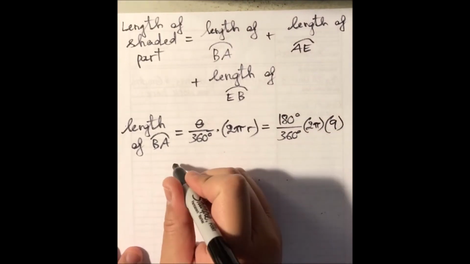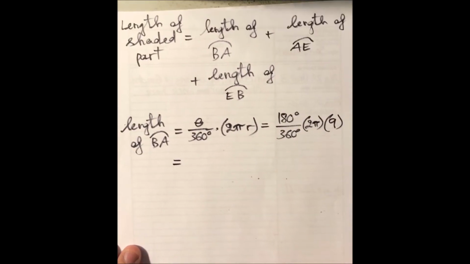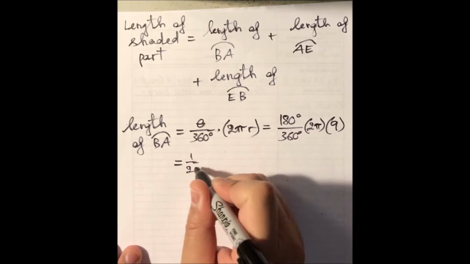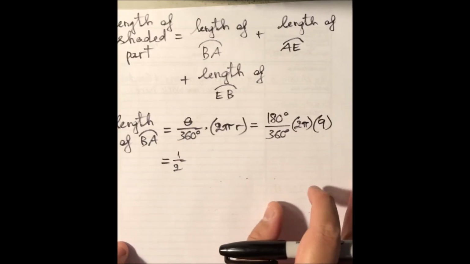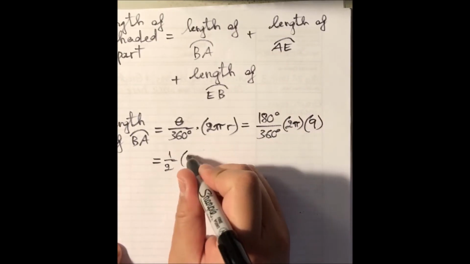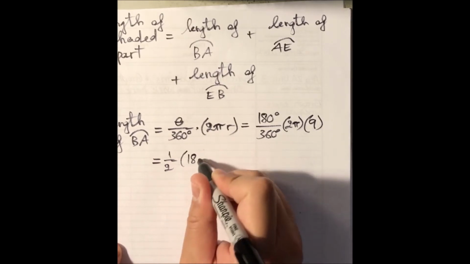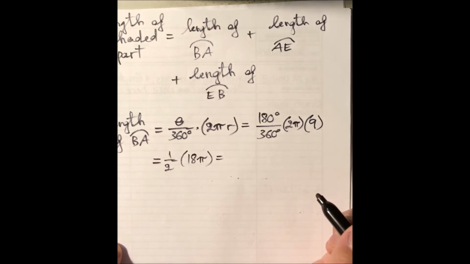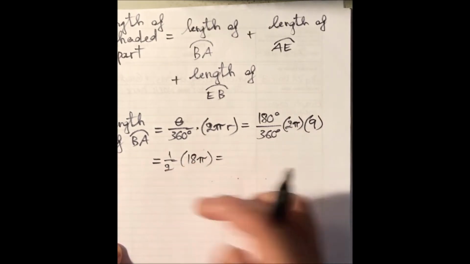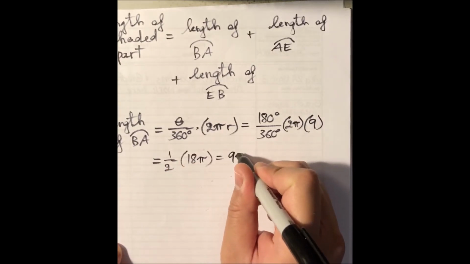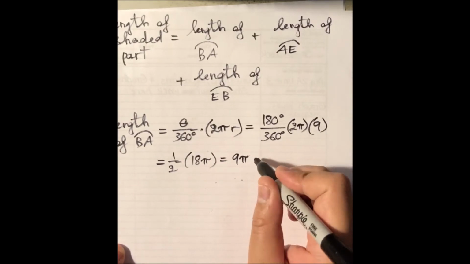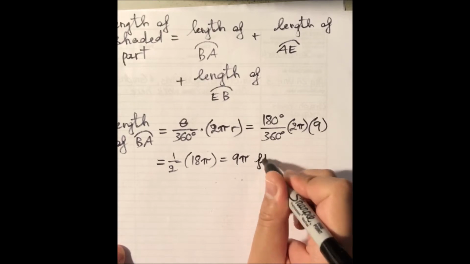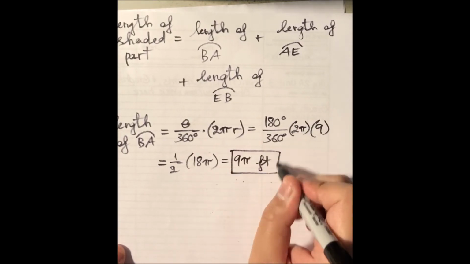Let's simplify: 180 over 360 gives us 1/2, 2 pi times 9 gives us 18 pi, and 18 pi times 1/2 gives us 9 pi. So the length of the arc BA is going to be 9 pi feet.